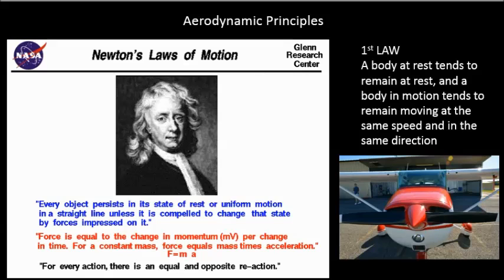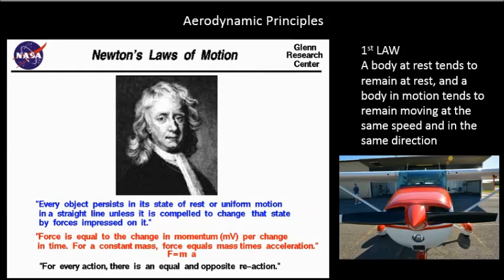You can Google it up and look up when he created it, but basically I want to focus on the 3 laws of motion. The first law is a body at rest tends to remain at rest, and a body in motion tends to remain moving at the same speed in the same direction.